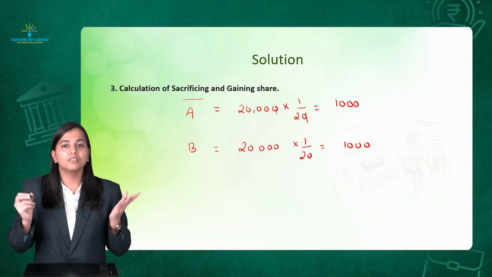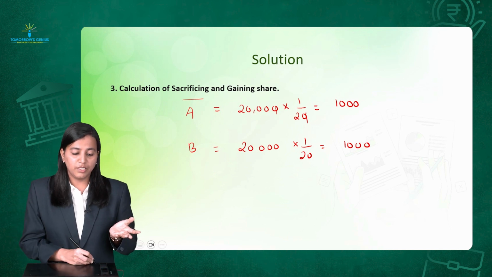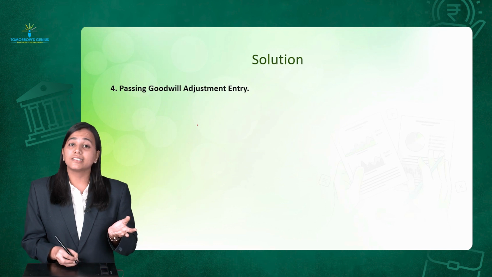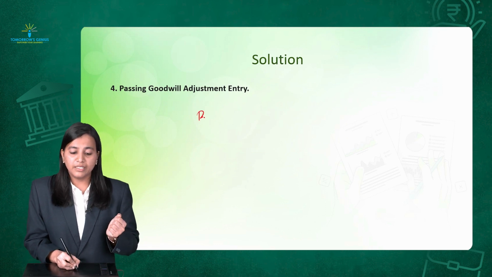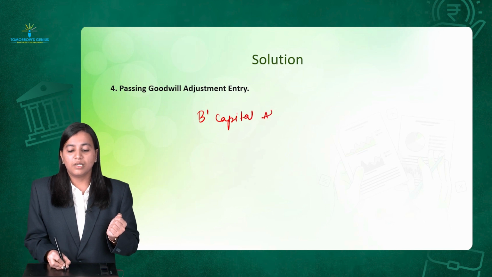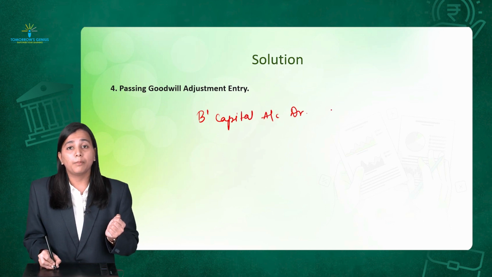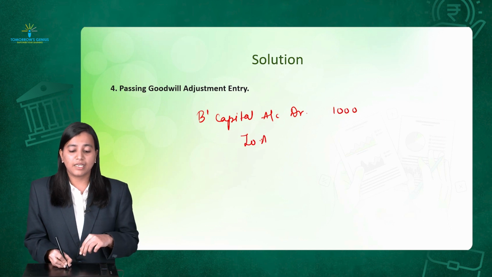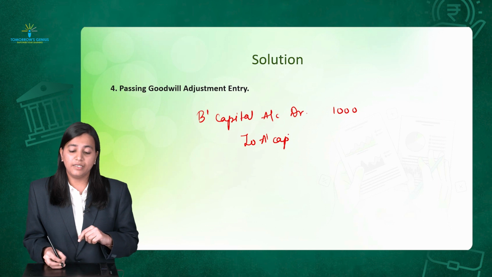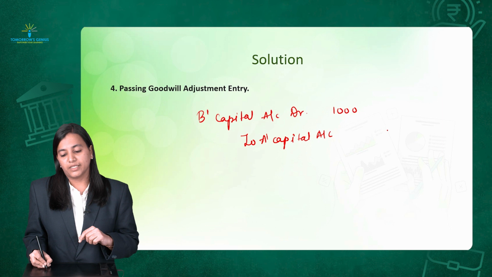Finally, you need to pass the journal entry. In our case, A is sacrificing, so A's account will be credited, and B is gaining. So B's capital account will be debited by 1,000 rupees, and A's capital account will be credited, the reason being A is losing or sacrificing.